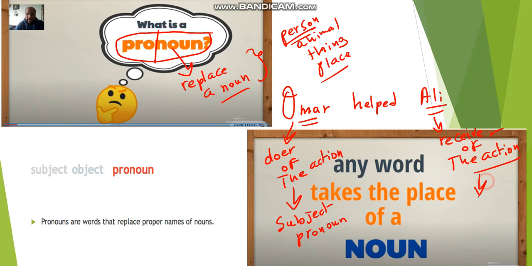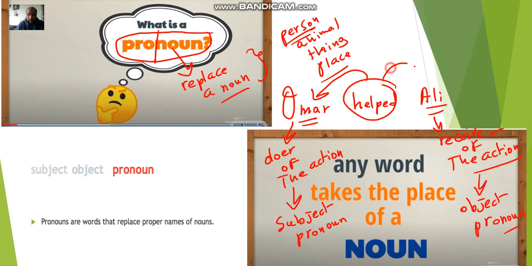However, the receiver of the action is going to be an object pronoun. There is another way to guess which is which. You see, helped is the verb. What comes before the verb is always the subject pronoun. And what comes after the verb is always the object pronoun.